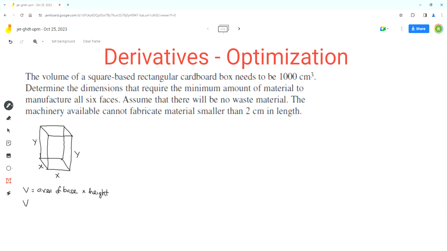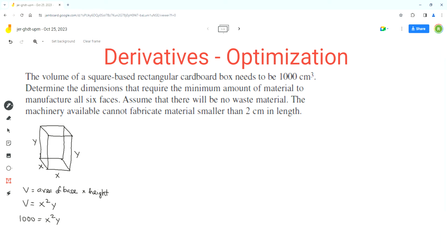And in this case, the area of base will be x times x, which is x squared, times the height, which is y. Now we are given that the volume should be 1000 centimeter cube, so we can sub in V as 1000. So this is the equation for the volume of this box.